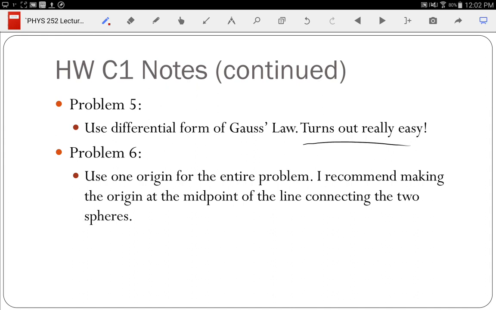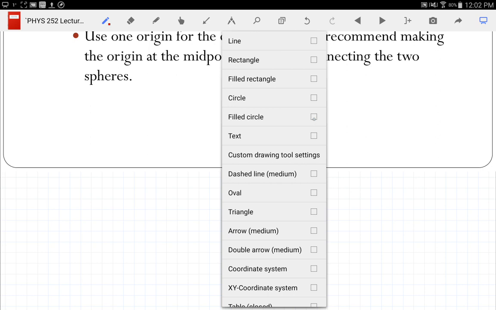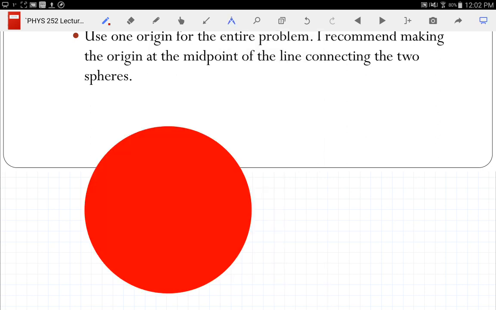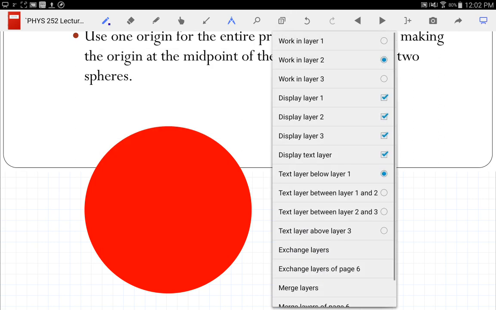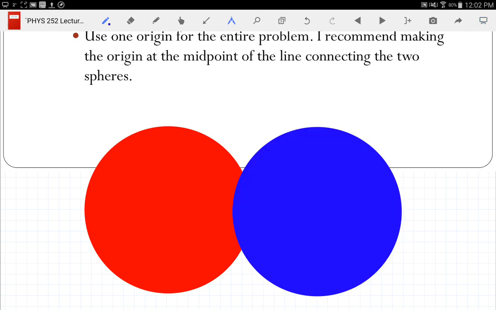But this problem, problem 6, if you don't understand the picture, it'll still be W. So what we have is two solid spheres. But they overlap.